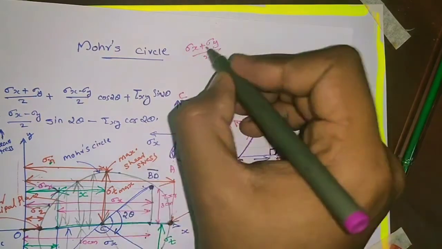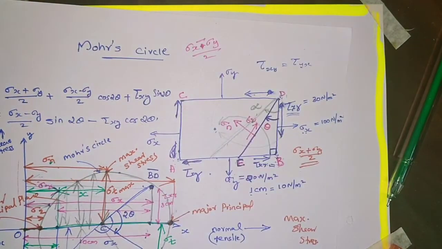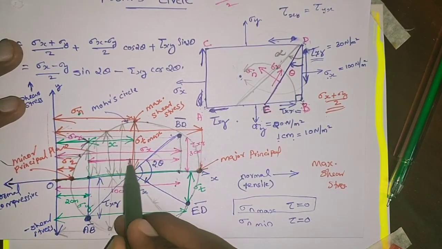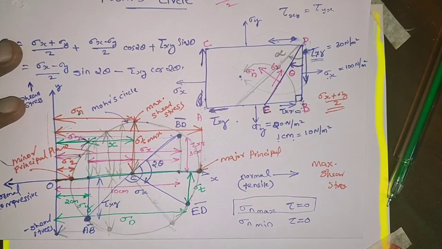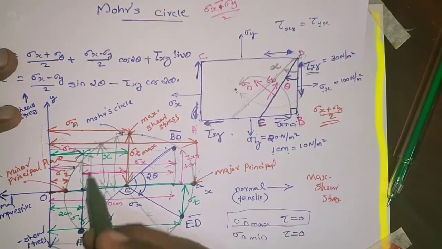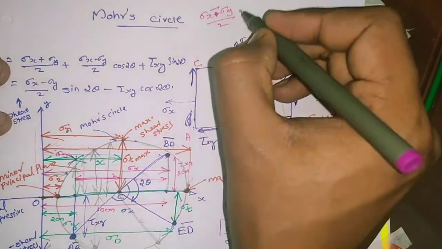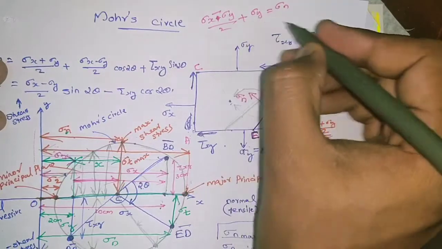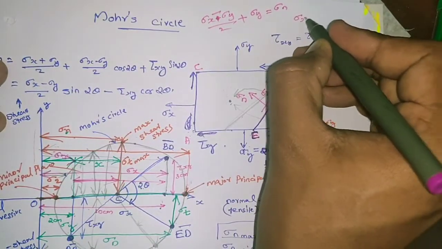Sigma x minus sigma y by 2, that is half of this distance. That distance plus sigma y equals sigma n, which is equal to sigma x plus sigma y by 2.